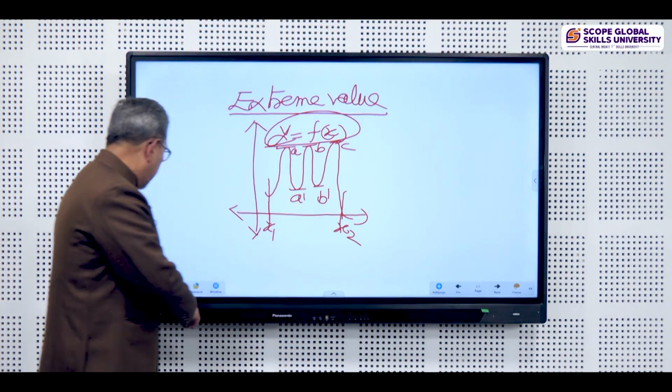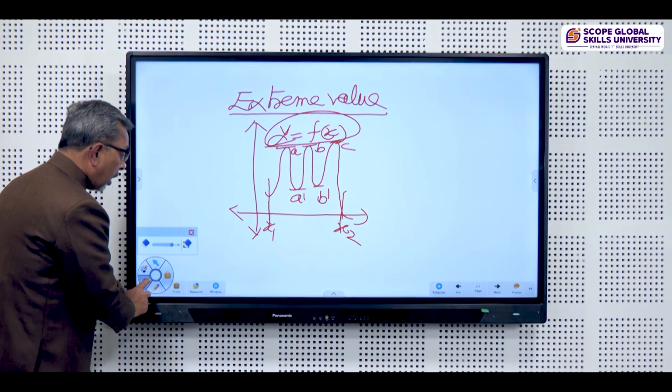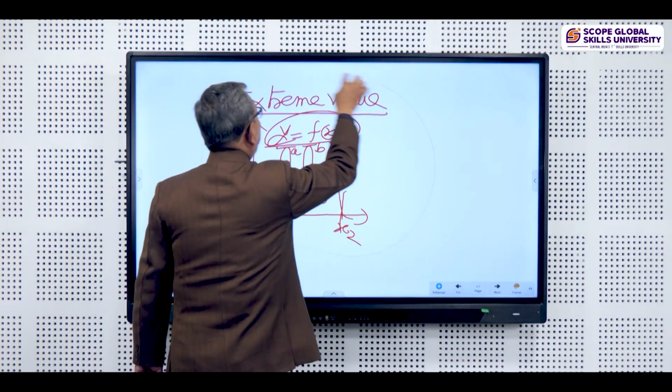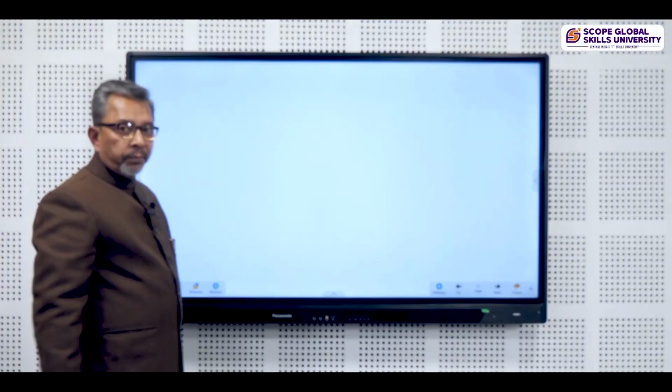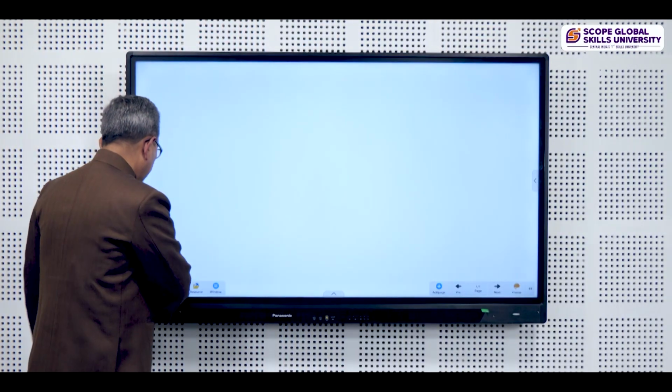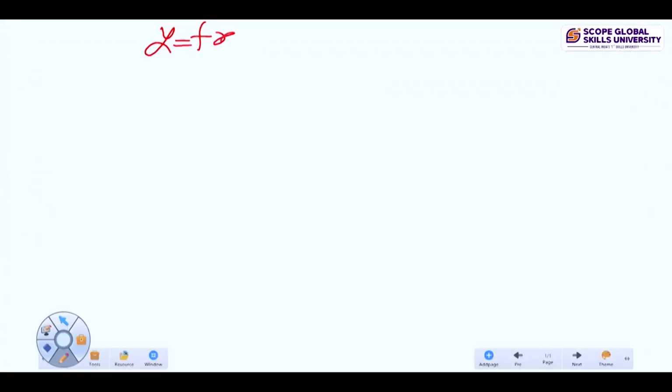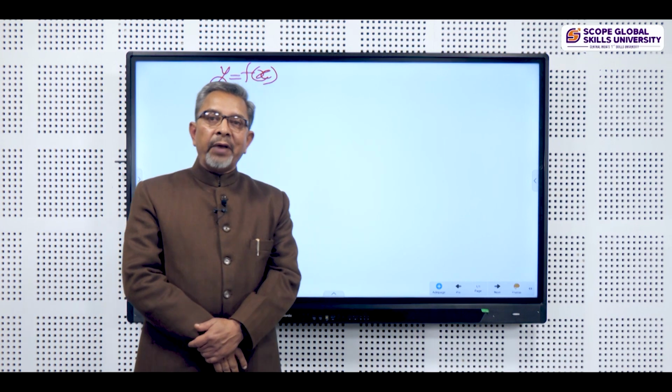Now, it is the matter to discuss how we will analyze whether these points are maximum or minimum. For this, let us consider we have any function y is equal to f(x) and our aim is to find the maximum value or minimum value of the function, that means the extreme values of the function.